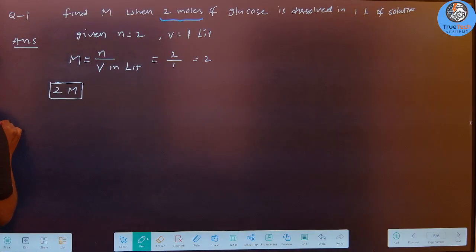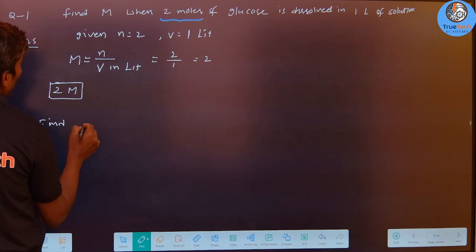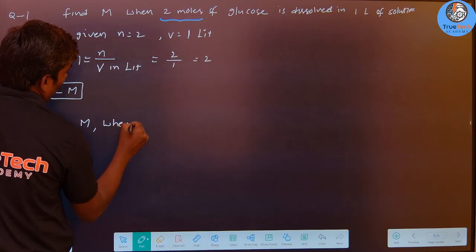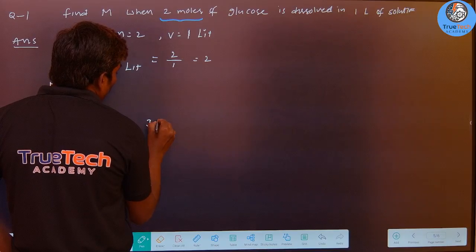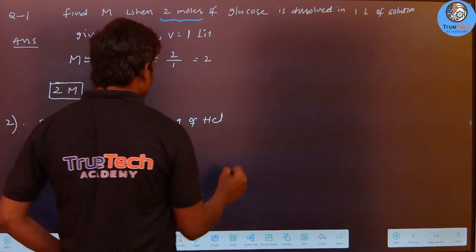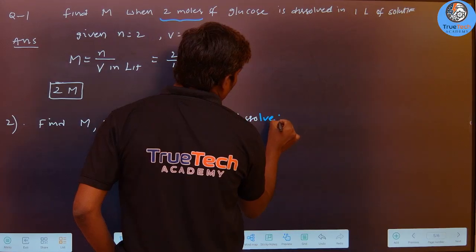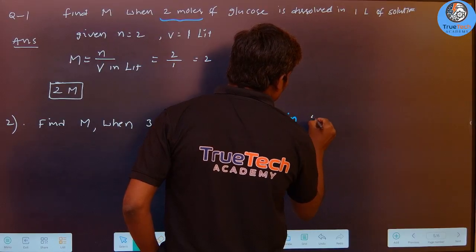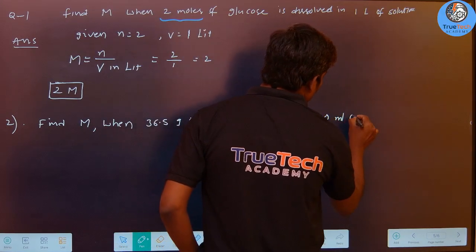If the second question is: find molarity when 36.5 grams of HCl is dissolved in 500 ml of solution.